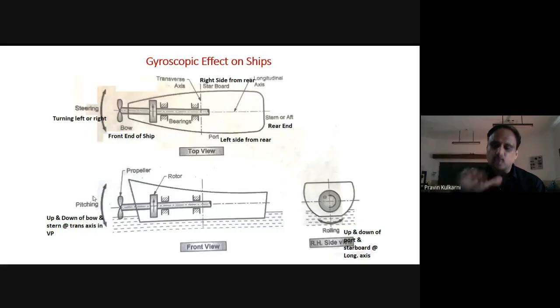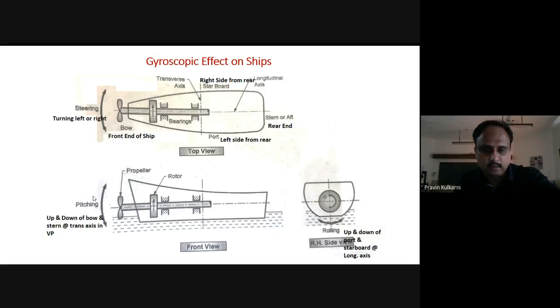Secondly, focus on the spinning vector shown by the thumb. Now, I should not explain the turning effect, left, right, that is known to you. What we have to understand is the spinning vector to be rotated through 90 degrees for up and down motion of the bow.